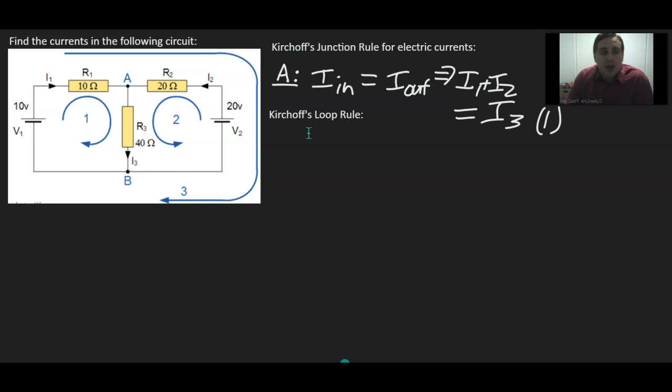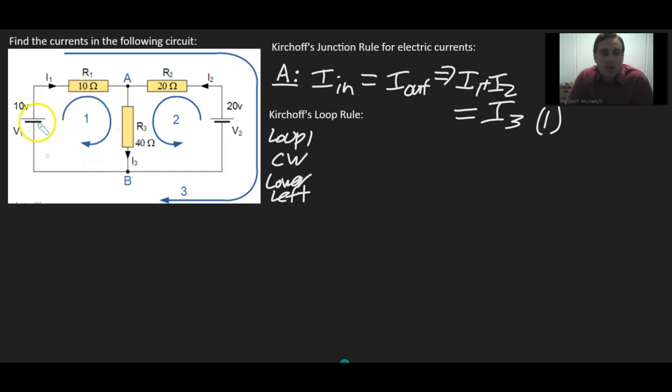So let's go ahead and start in the lower left corner and go clockwise for loop 1. So maybe sort of starting here, if you will, and going around this way.